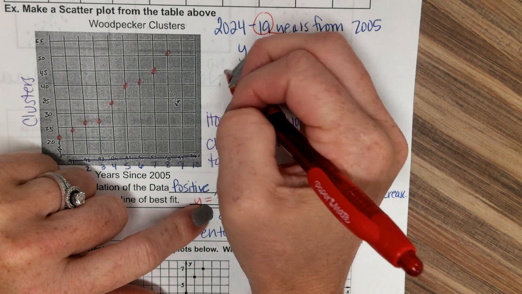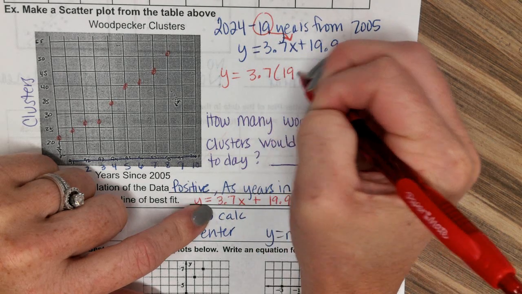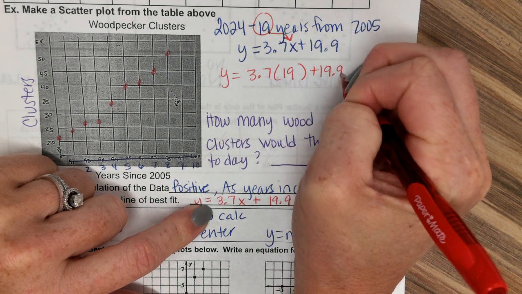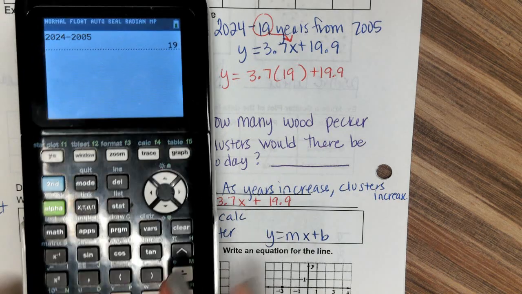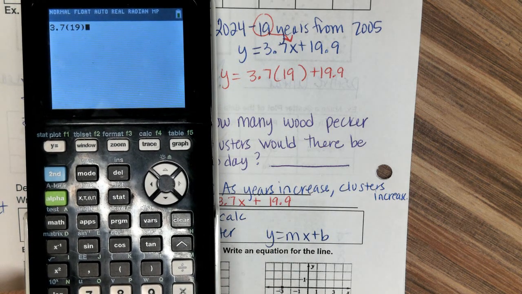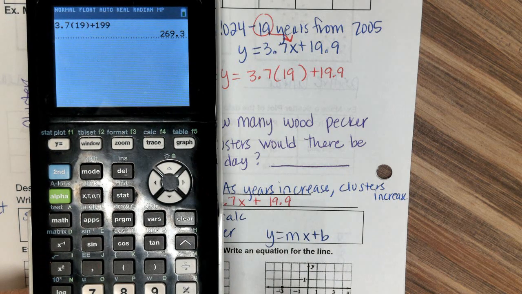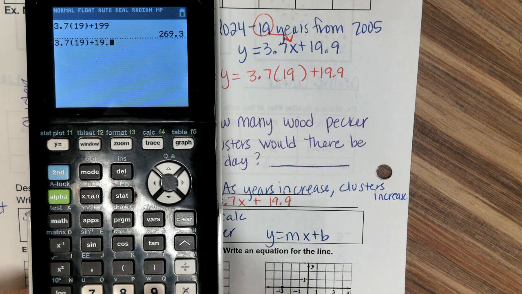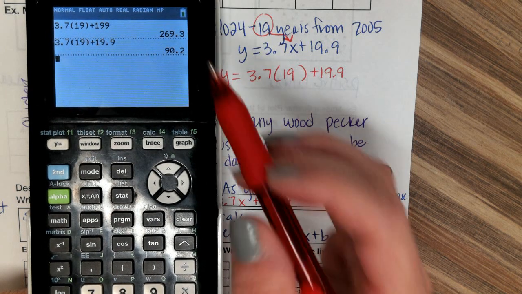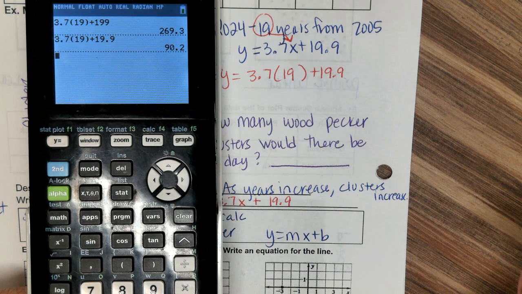So I would do y equals 3.7 times 19 plus 19.9. So 3.7 times 19 plus 19.9. Oh, I totally messed that up. 19.9. How many woodpecker clusters would there be today approximately?